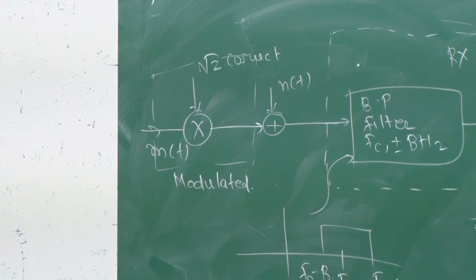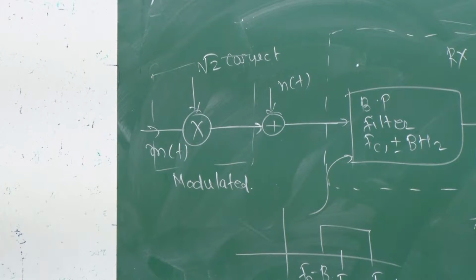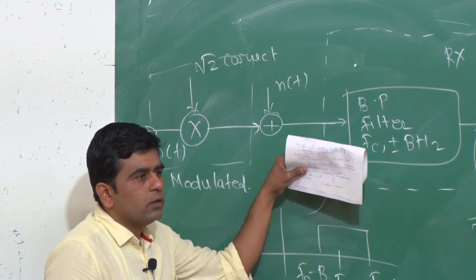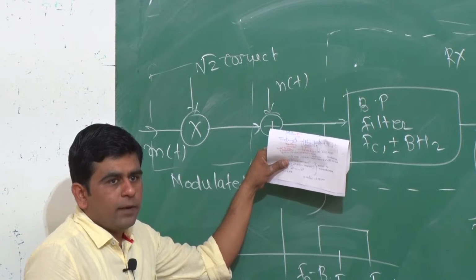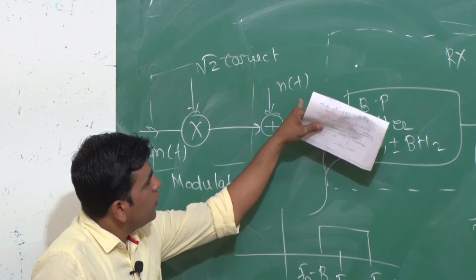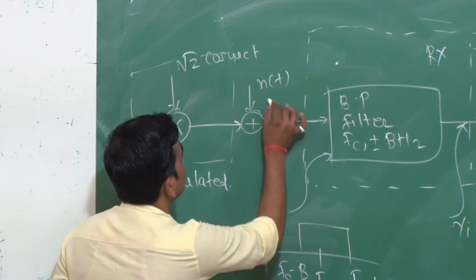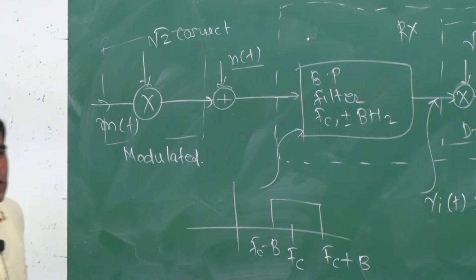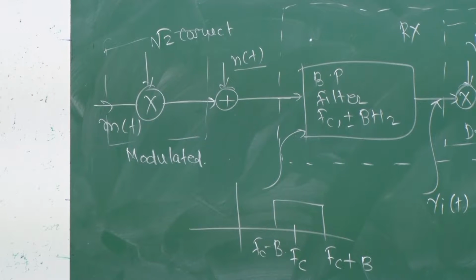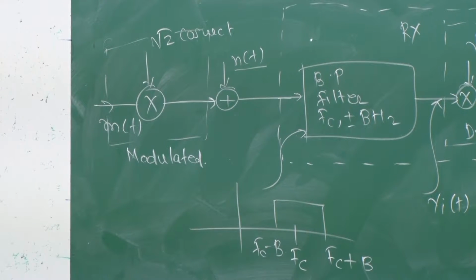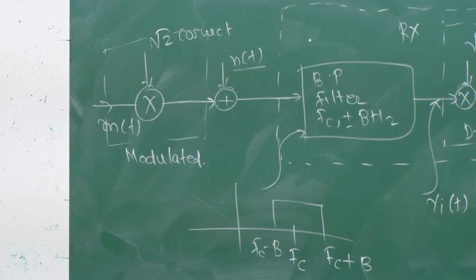Then it is transmitted over the channel. At the receiver, the modulated signal is added with noise, which is AWGN. Here we have to consider this n of t. This n of t has the quadrature representation. It has the in-phase component and quadrature component.